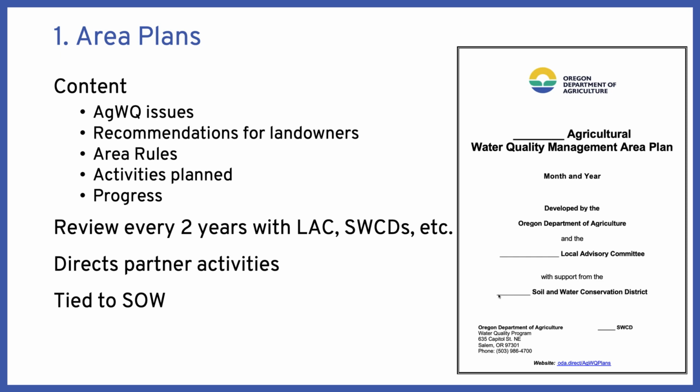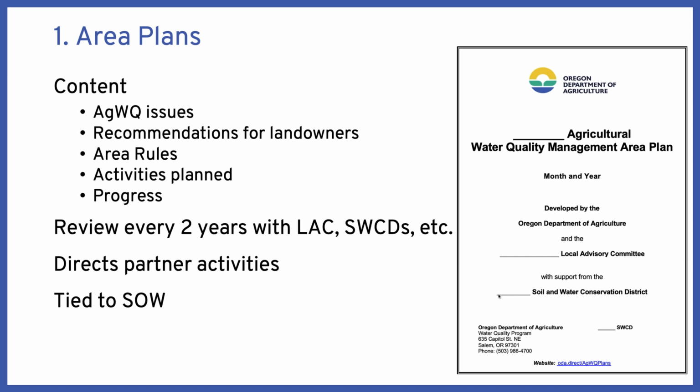So area plans. On the right is the template for the cover of our area plans. And as you can see, you guys are listed along with the local advisory committee. And then we put your contact information at the bottom. The area plans identify what the issues are, provide recommendations, and remind people that actually there's also area rules and ODA has regulatory authority.